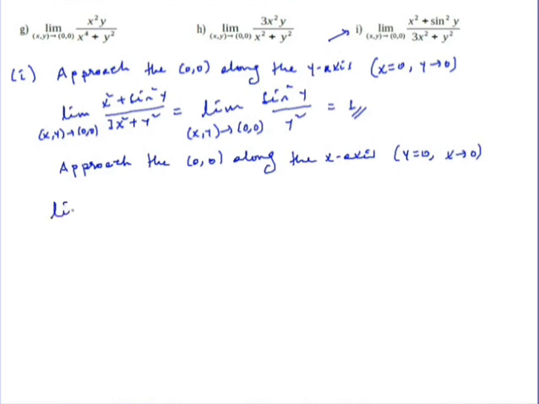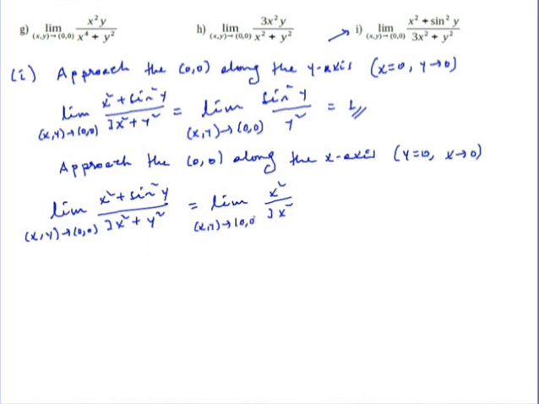In this case the limit becomes the limit of x square plus sine square y over 3x square plus y square as (x, y) approaching the origin. ቀጥታ yን 0 ስናደርግ ይሄ ምንድነው የሚሆነው, the limit of x square over 3x square as (x, y) approaching the origin. ይሄ 1 over 3 ነው የሚሆነው። Along the y-axis approach ስናደርግ 1 ነው, along the x-axis approach ስናደርግ 1 over 3 ነው። So ሊሚቱ የተለያየ ቫልዩ ስላለው ምን እንላለን?